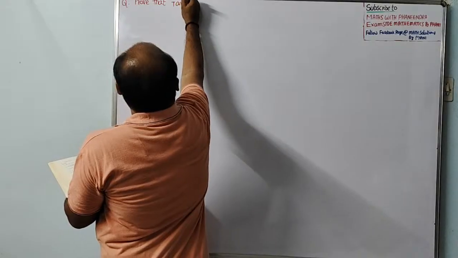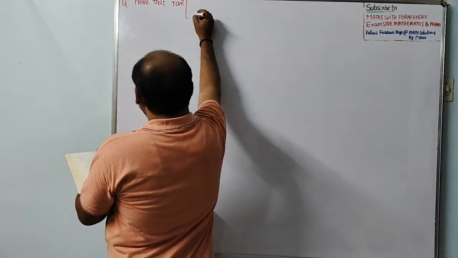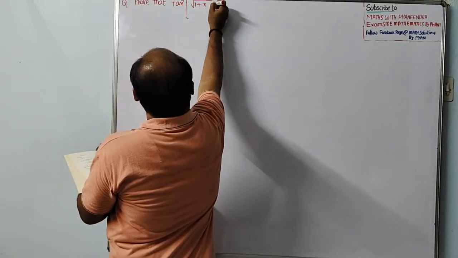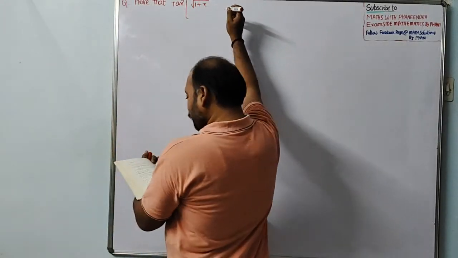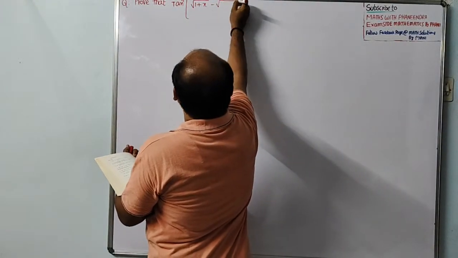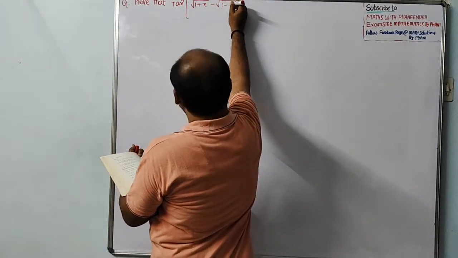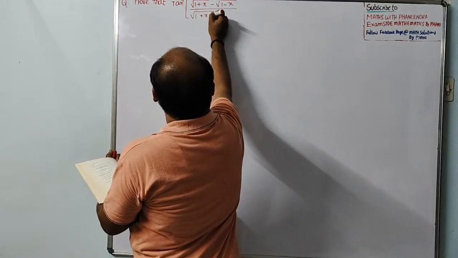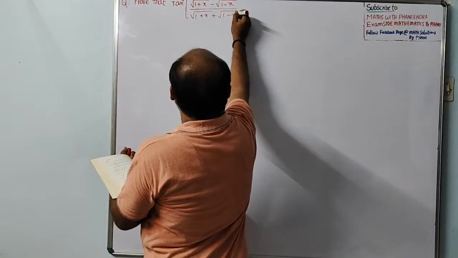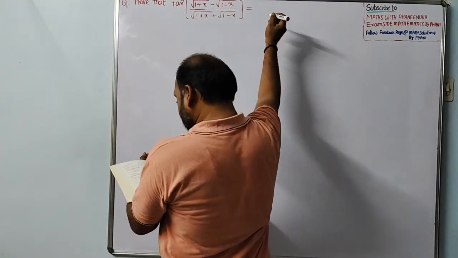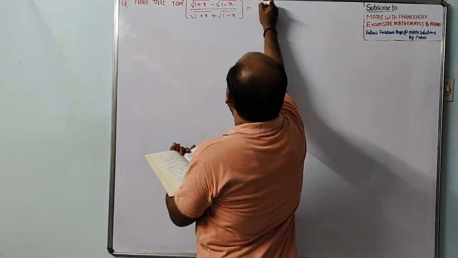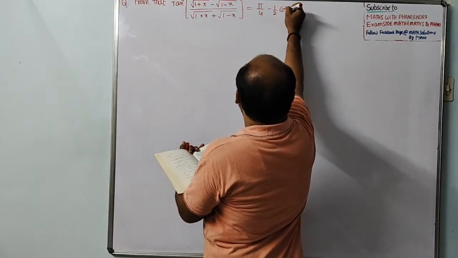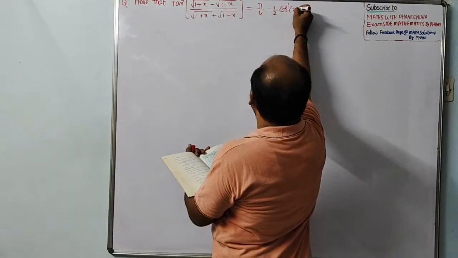Tan inverse of root 1 plus x minus root 1 minus x, divided by root 1 plus x plus root 1 minus x, is equal to... they are asking to prove π/4 minus 1/2 cos inverse of x.